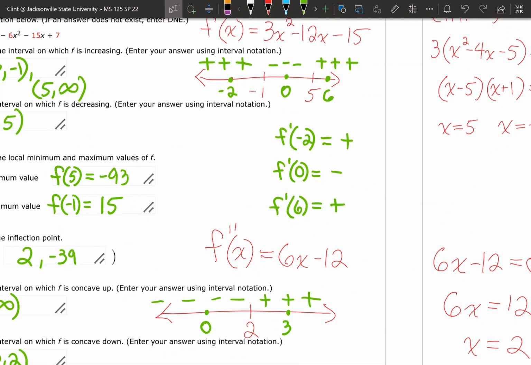Yeah, you could have more than one inflection point, or you could have no inflection point. So when we do the first derivative test, where our sign changes are relative minima or relative maxima, and then when we do the second derivative, where our sign changes are inflection points.